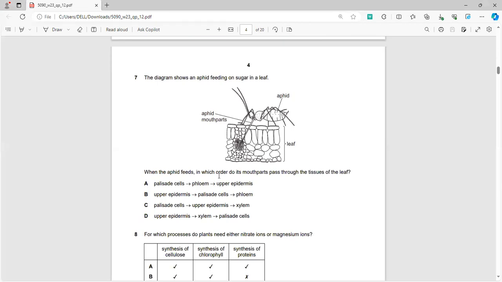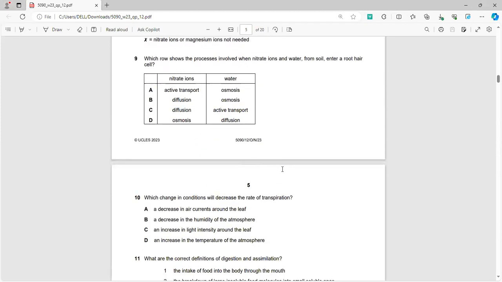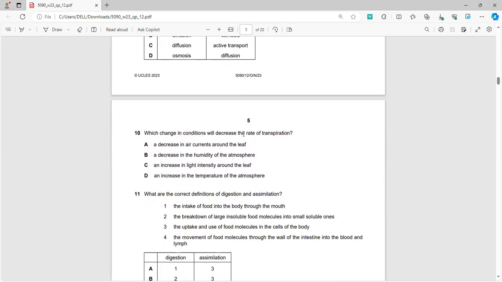Question 7, in which order do its mouth parts pass through the tissues of the leaf? So, through the upper epidermis, the parenchyma cells to the phloem. Now, in question number 8, nitrate ions we know are required for making proteins and magnesium for chlorophyll. In question number 9, again, nitrate ions will be taken in through the process of active transport by the root hair cell, whereas water is always transported through the process of osmosis.